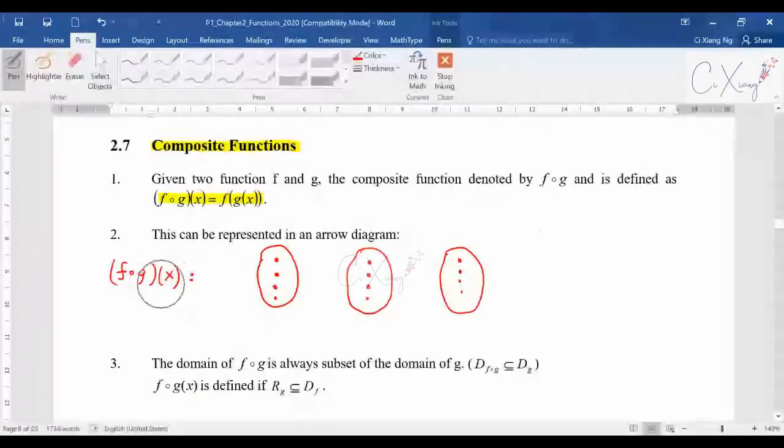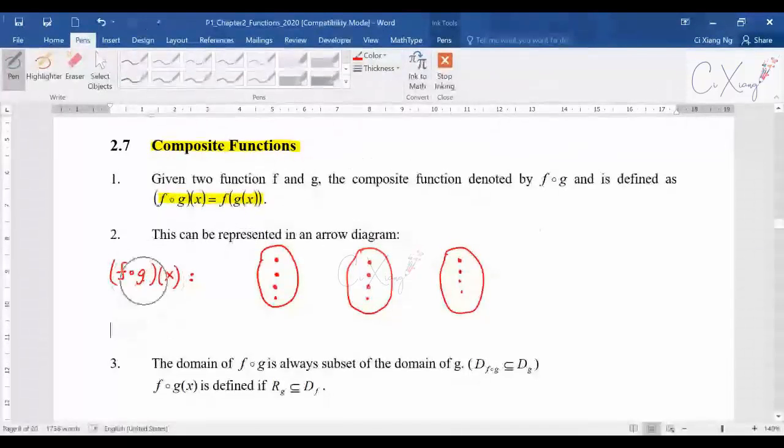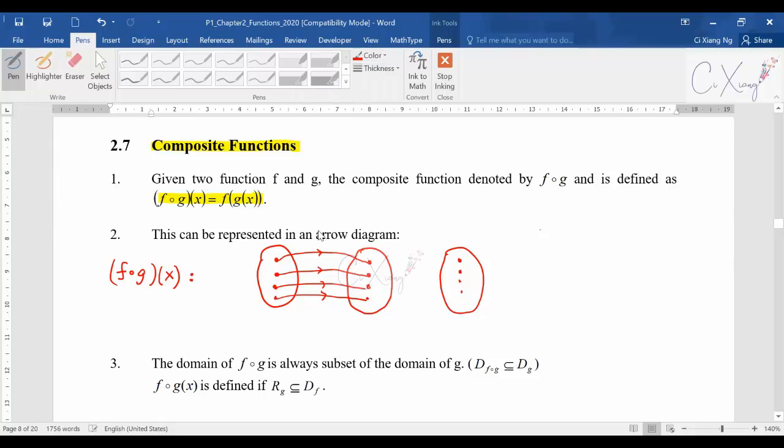First, you need to send the x through the function g first. So if all these are the x, you send all the x through g. Maybe I will label this as g. This is the function g, right here.